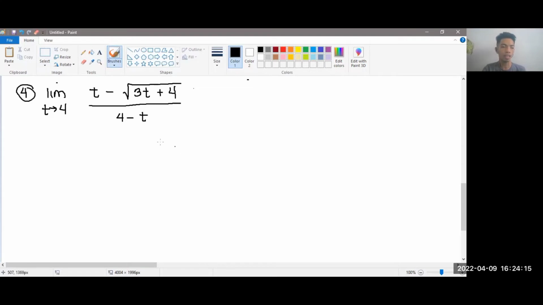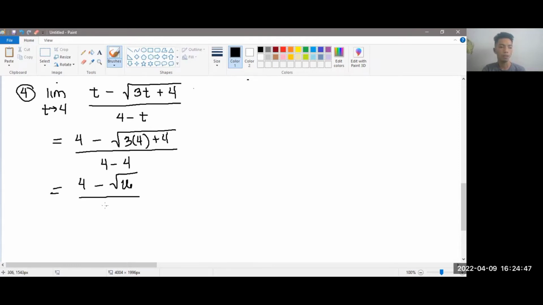So in this case, let us solve for this limit as t approaches 4. So we will have 4 minus the square root of 3 times 4 plus 4 all over 4 minus 4. So kapag sinolve natin to, I have here 4 minus square root of, di ba yung 3 times 4, it will be 12. 12 plus 4, it will be 16.